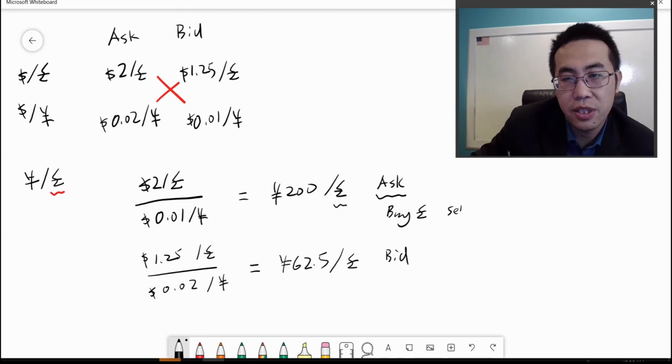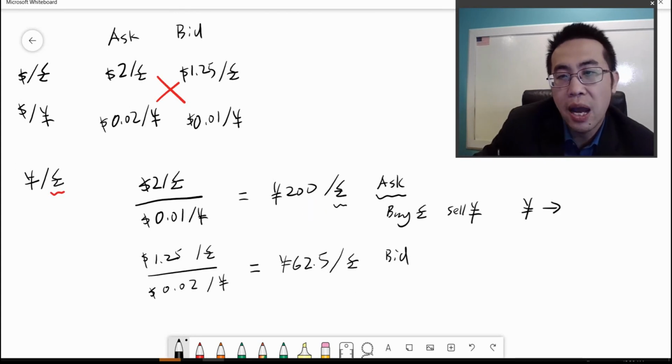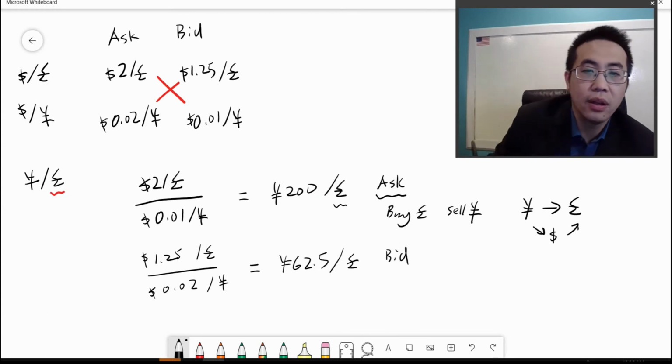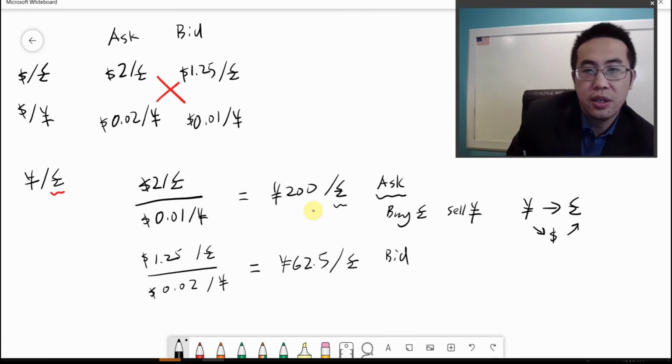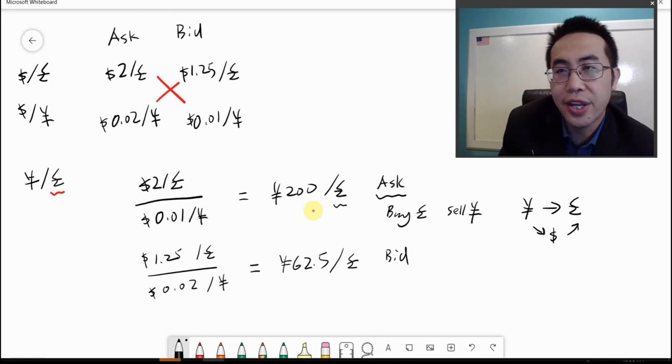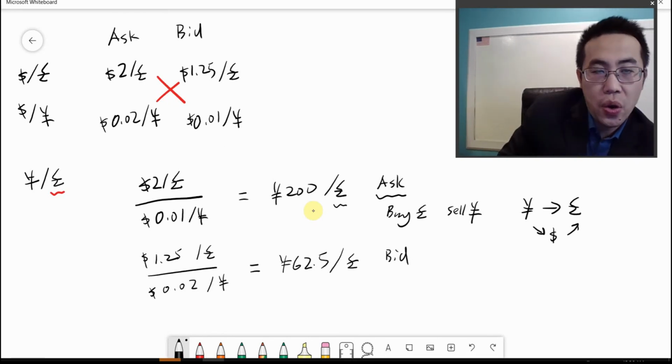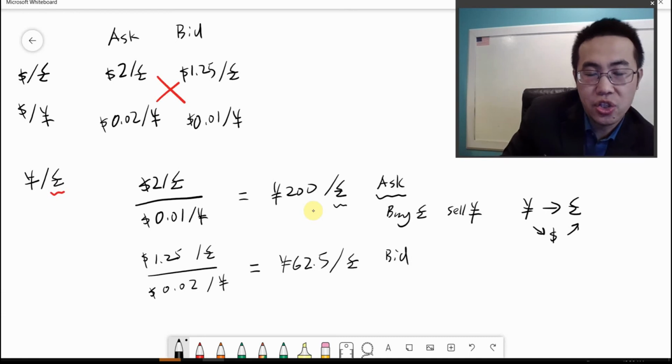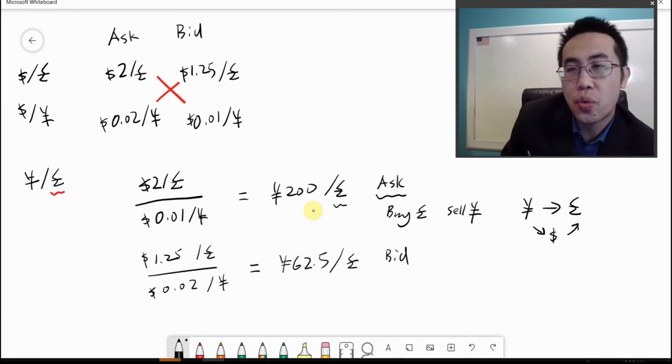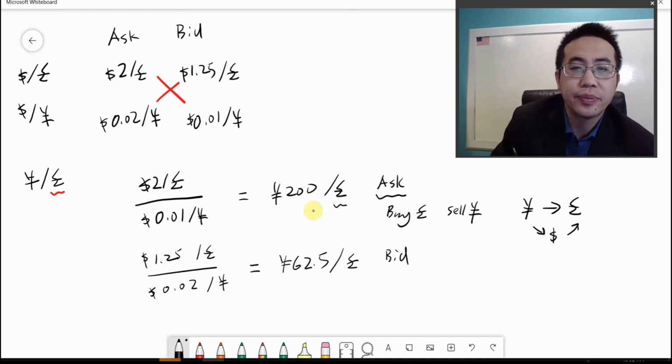So it is about yen to pound conversion. But in order to reach that conversion, you should sell the yen to US dollar first and then get to the British pound, because there's no direct quote of 200 yen per pound offered by any bank. You have to go through the two banks exchange and then indirectly get this price.